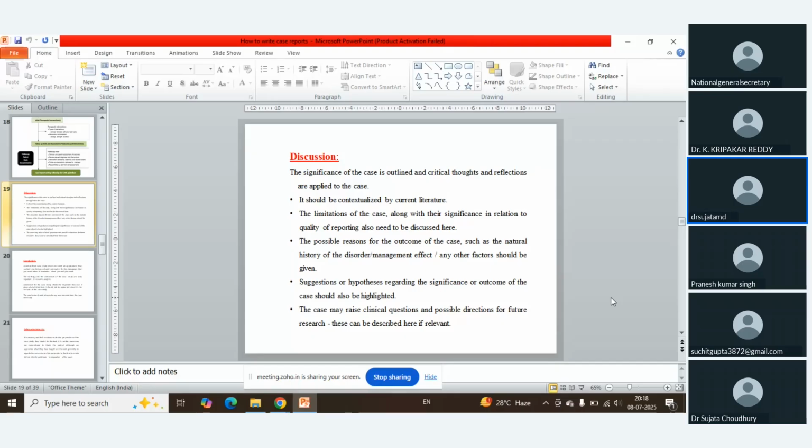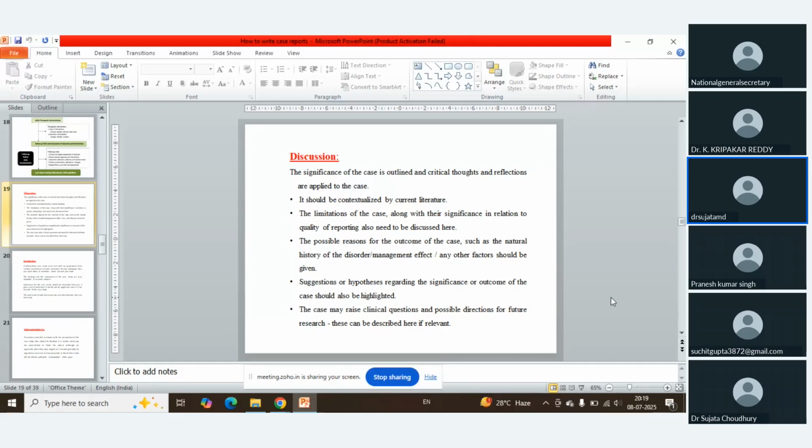So what were the limitations of the case? If the patient comes late, or the follow-up is short, or there is any disturbance in the follow-up or deviation of the treatment procedure, those may be discussed under the discussion section.